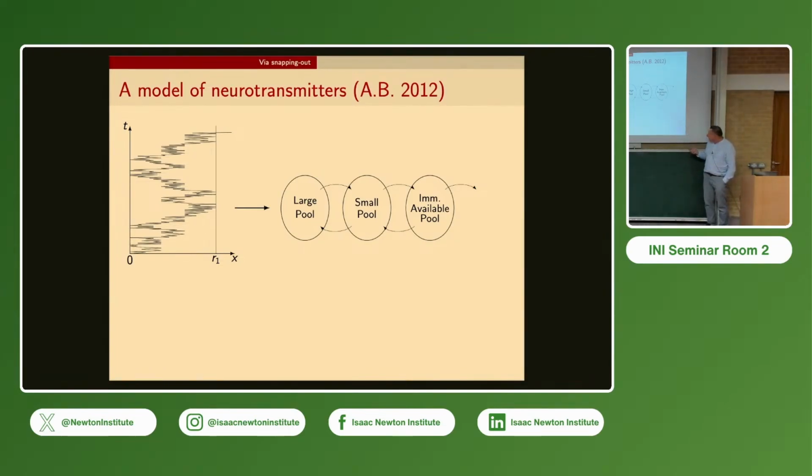One of them was this one on the right-hand side. This was a compartment model, and there were 3 different ODEs describing how many vesicles or neurotransmitters are in 3 different pools. There was a system of differential equations describing how they change in time.